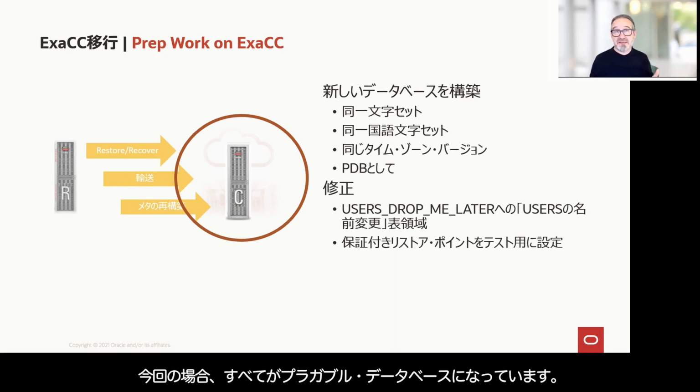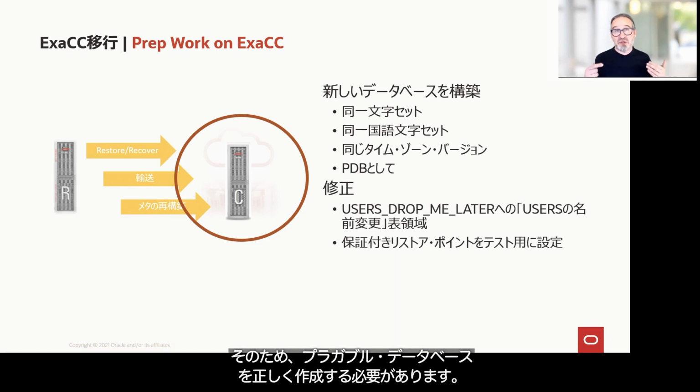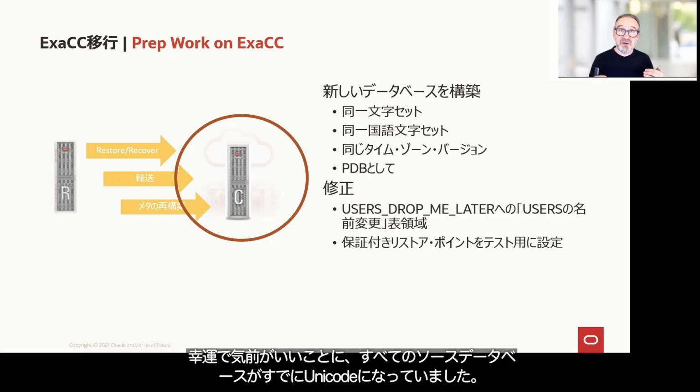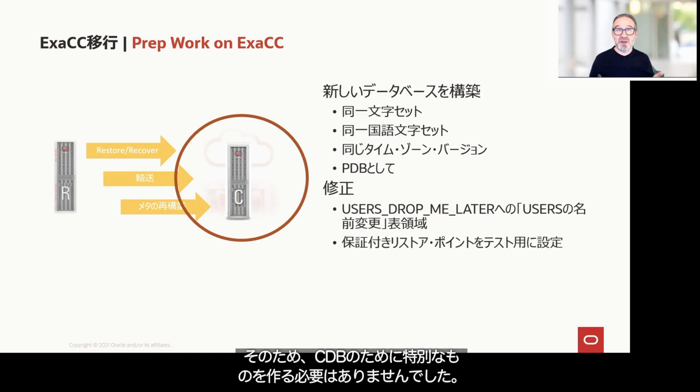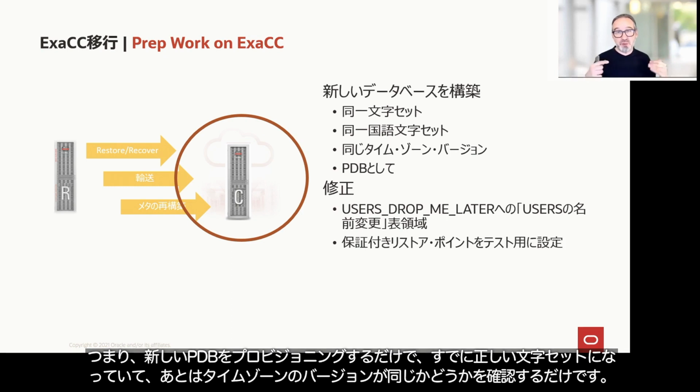In this case, everything is in pluggable databases, so we need to create the pluggable databases correctly. We were lucky and in a very generous position. All the source databases were already on Unicode, so we did not have to create any special things for the CDBs. So we can just provision new PDBs. It was already in the right character set.